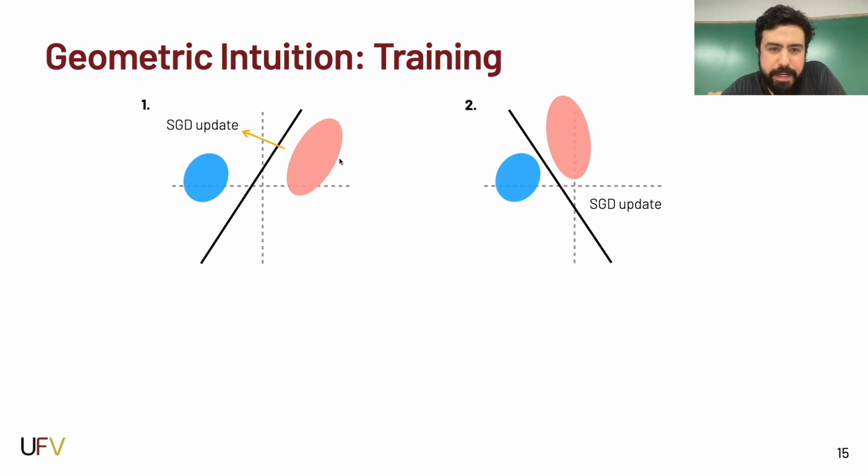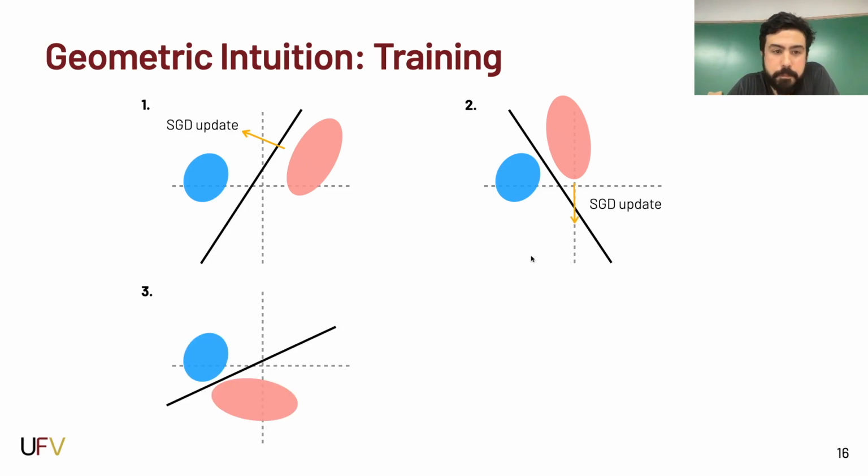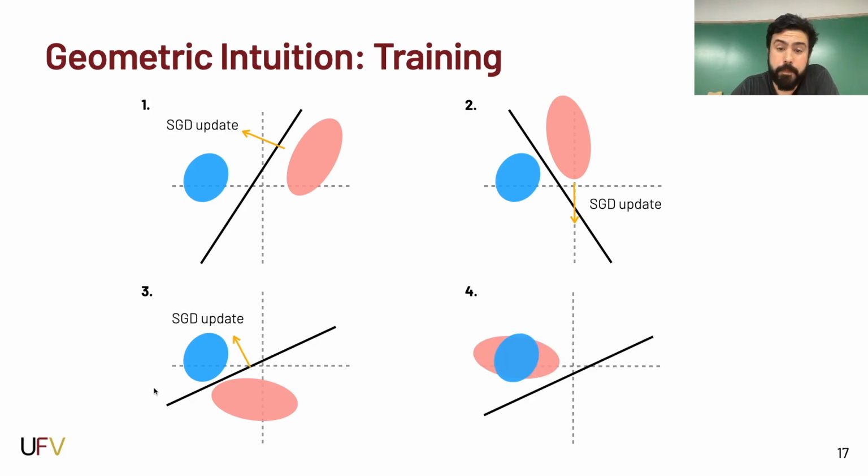And then your fake distribution is going to shift a little bit. It's going to actually get a little bit closer maybe to the blue one. But here you can still separate the two of them very well, okay? And then you do another update, and now your distribution is here, and your discriminator still separates them perfectly. But then eventually, they're going to start to overlap each other, and then the discriminator cannot separate them anymore. Okay? That's what's happening under the hood.